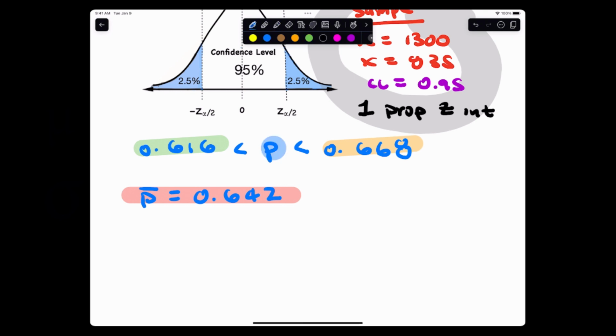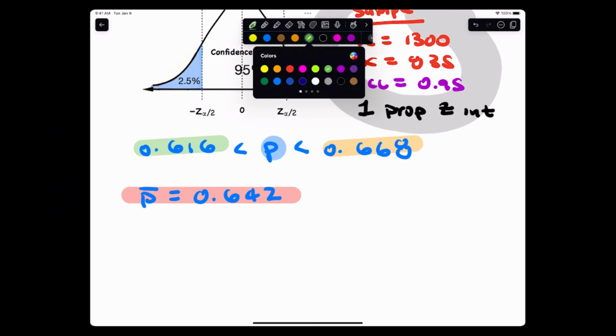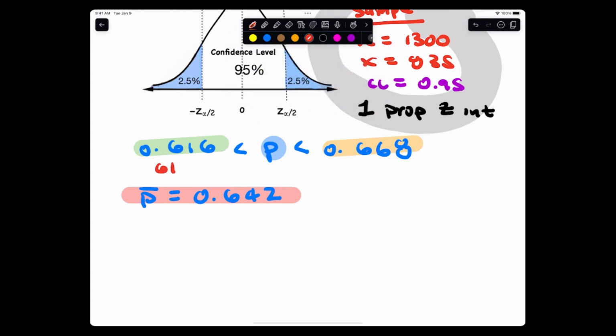Here's my point to you guys. 61.6%, 66.8%, 64.2%.